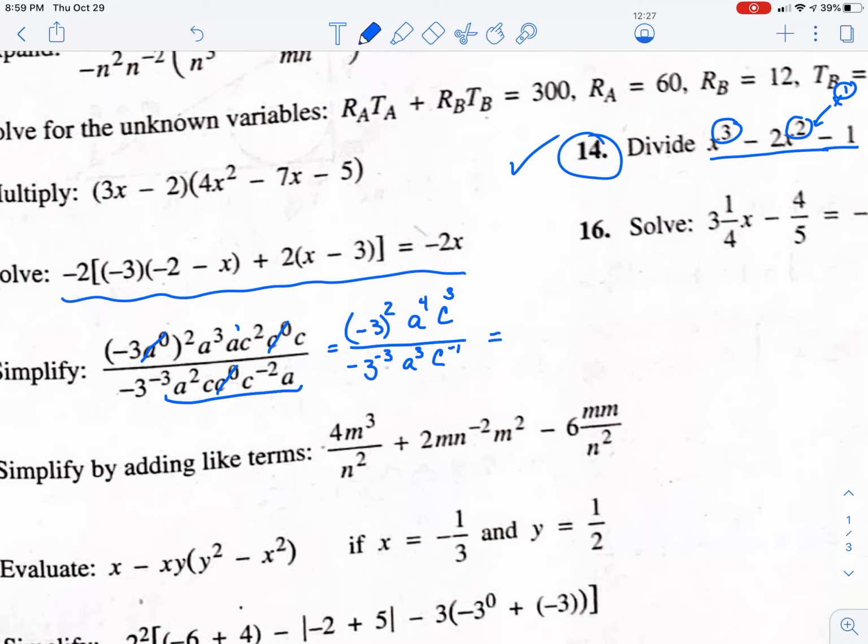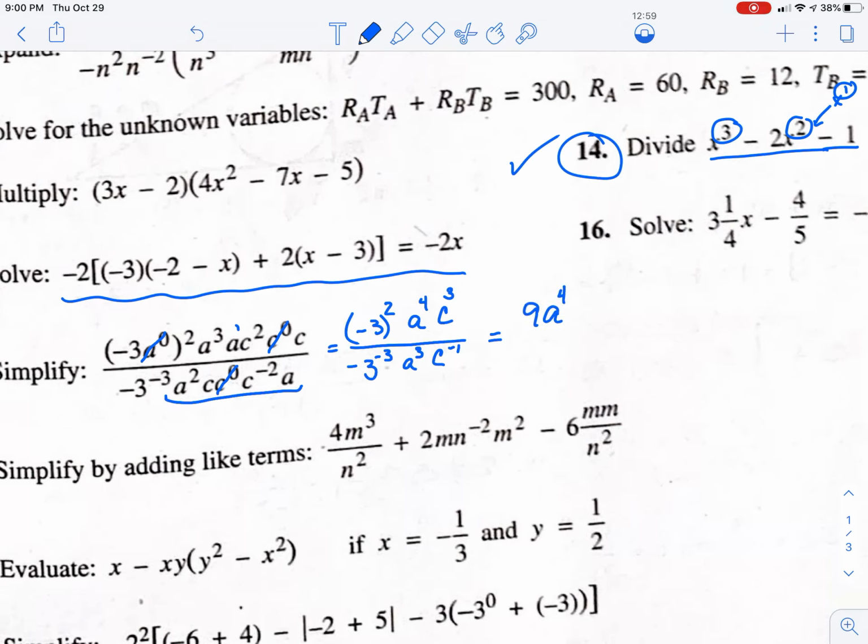Okay, and now I'm going to move some of the stuff around. So let's look at this negative 3 to the negative third power. If I move that to the top, I'm going to have negative 3 to the third power. Oh, wait a minute. You know what? We're not going to do that just yet. Let's take care of what is actually up top here.